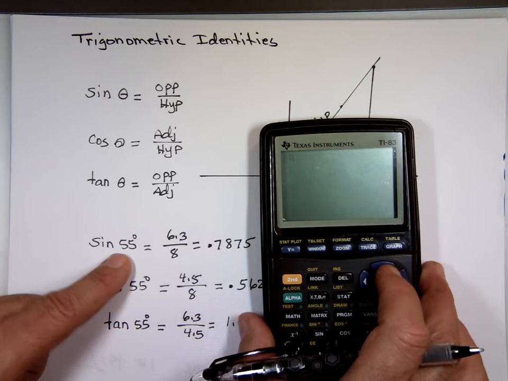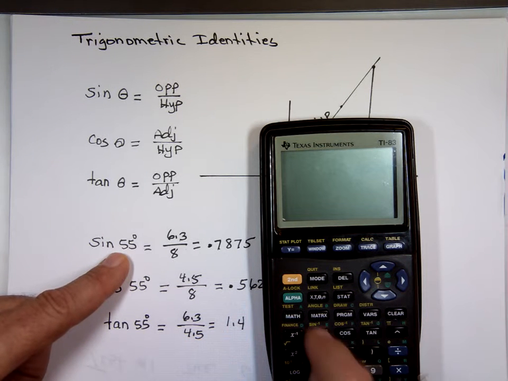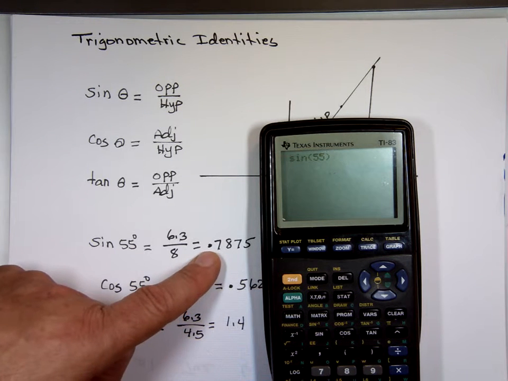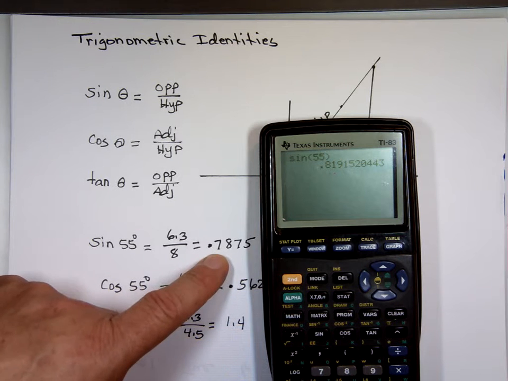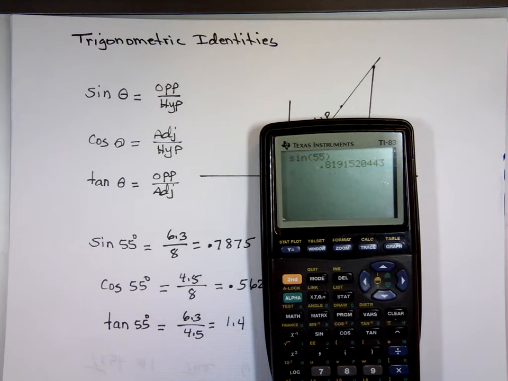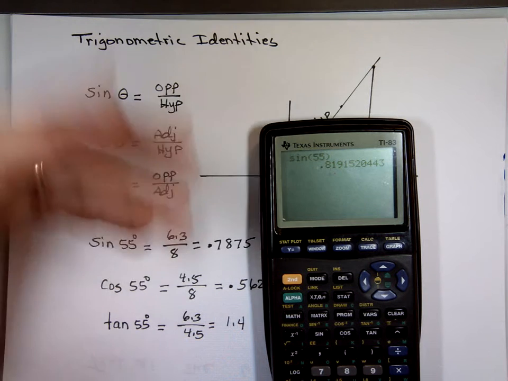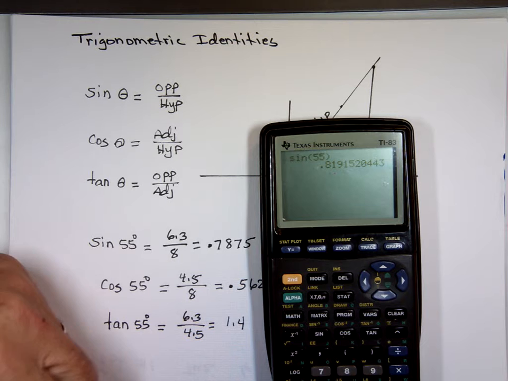So let's find the sine of 55. When we did this, it was 0.7875. Let's see what the answer is. 0.819. Not that far. If you round, that's 0.79 and 0.82. As I said, I wasn't sure if it's 6.3 or 6.4, and 1 millimeter will make a difference.